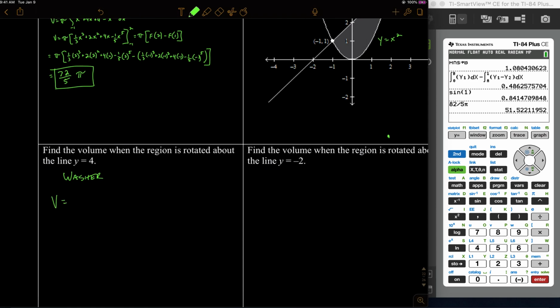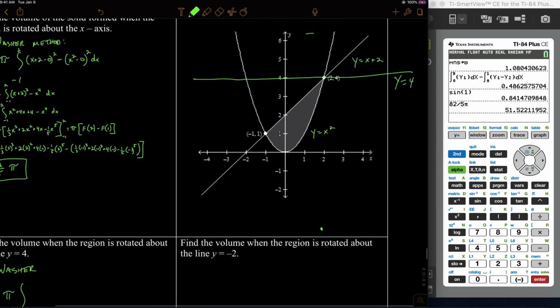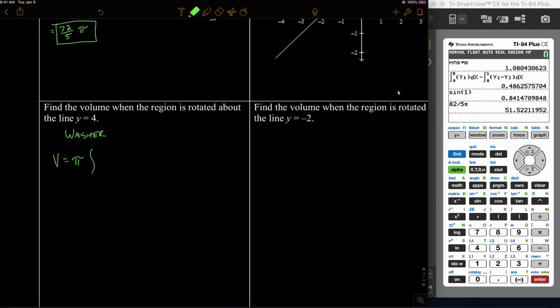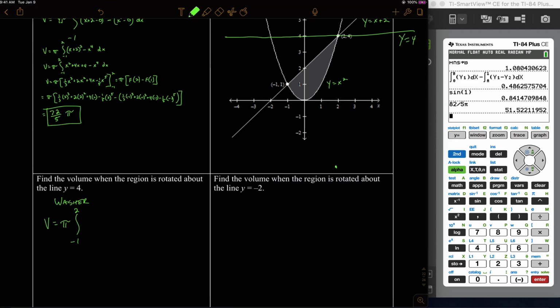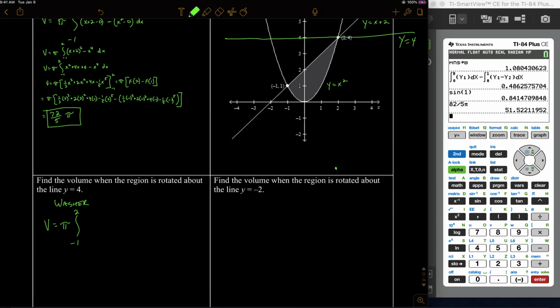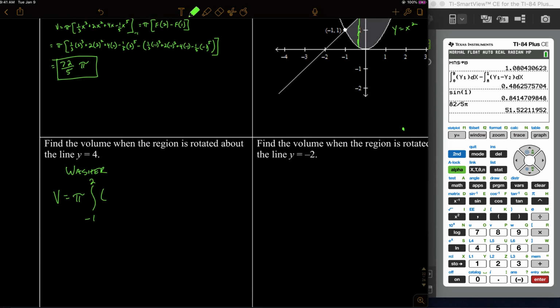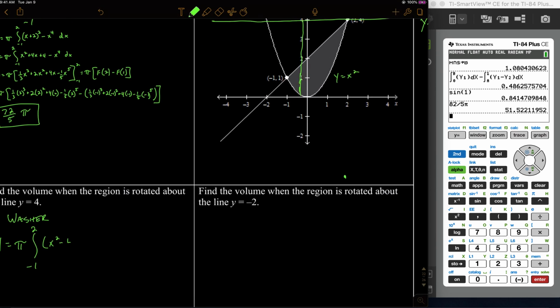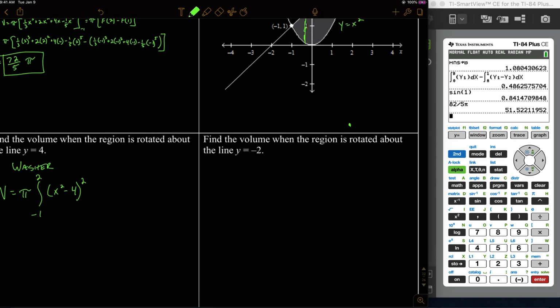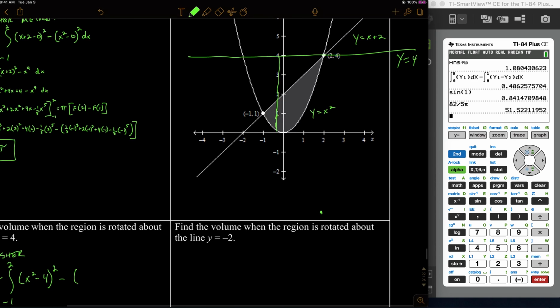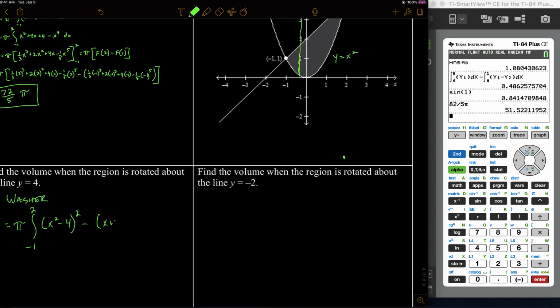So the volume is going to be pi, and we're integrating again from -1 to 2. And this time for our radius, the outermost function is x squared. That's the one that's furthest away from the axis. So our big radius is going to be x squared minus our axis of symmetry, which is 4, squared, minus our little radius, which is going to be x plus 2 minus our axis 4, squared dx.